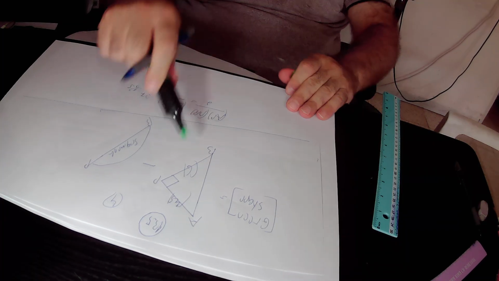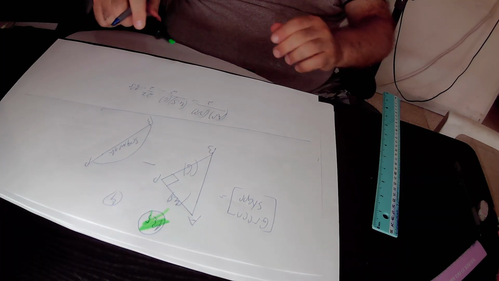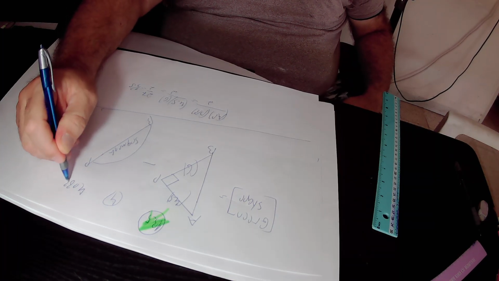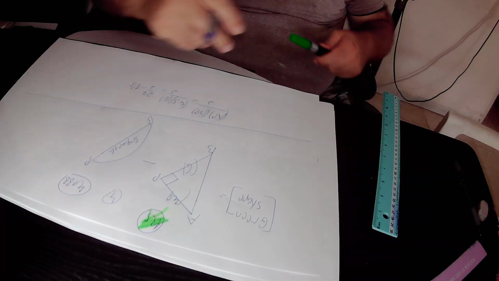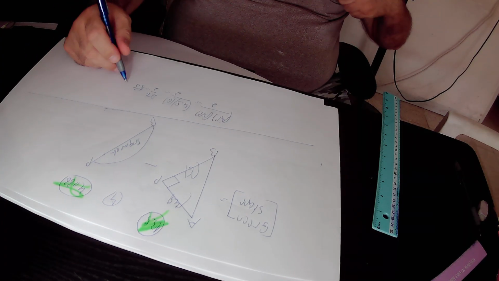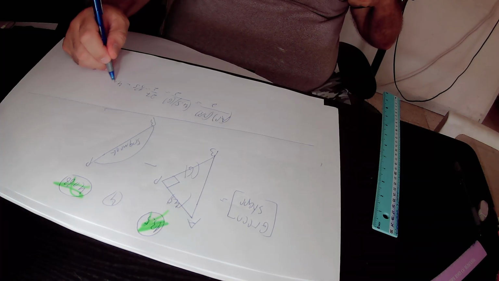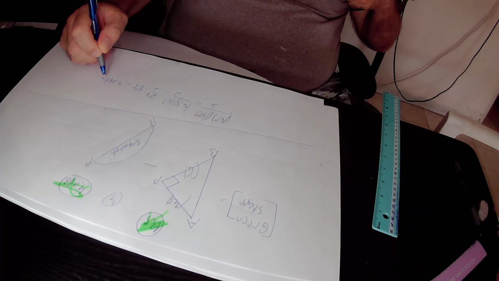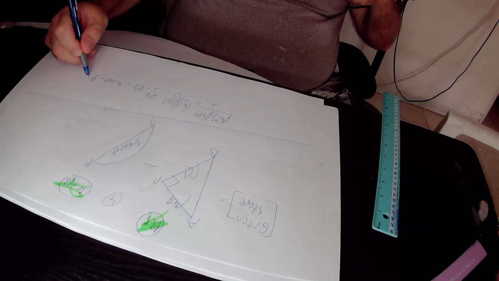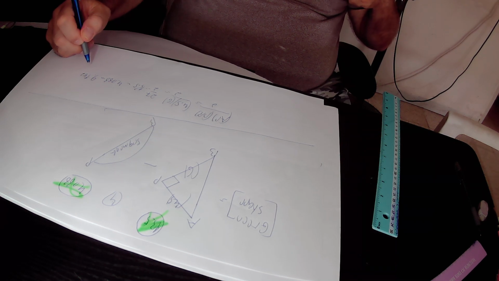And we already found that the area of this segment BP is equal to 4.088 square meters in its size. So 13.5 minus 4.088 is equal to the area of the green shape, that is 9.142 square meters.